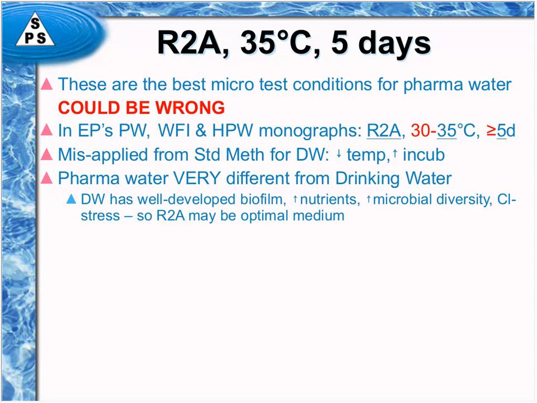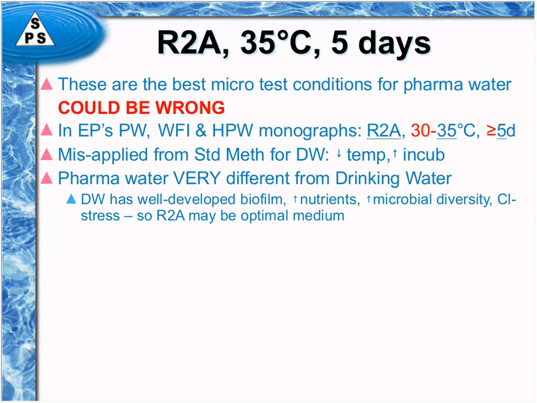Drinking water has well-developed biofilms growing in the pipes that have never been sanitized, never. The pitiful sub-ppm levels of chlorine flowing through the water do nothing to attack the biofilm. There are much higher nutrient levels in drinking water. There is much higher microbial diversity, mostly because of the age of the biofilms.